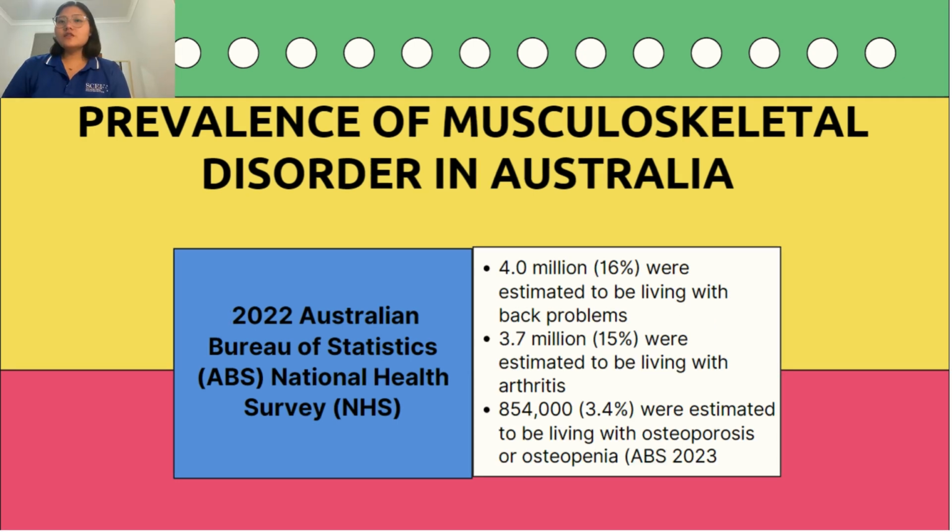In addition, around 4 million or 16% of Australians were estimated to be living with back problems. 3.7 million or around 15% were estimated to be living with arthritis. And lastly, around 854,000 or 3.4% of Australians were estimated to be living with osteoporosis or osteopenia.